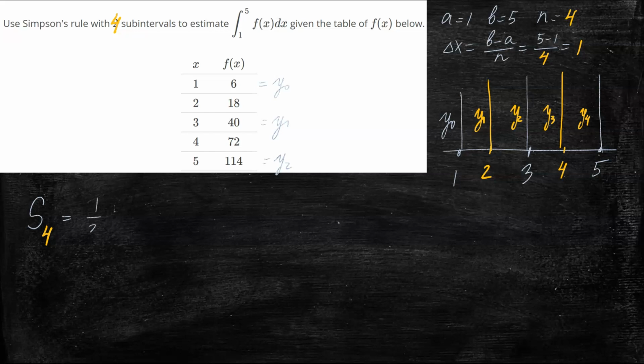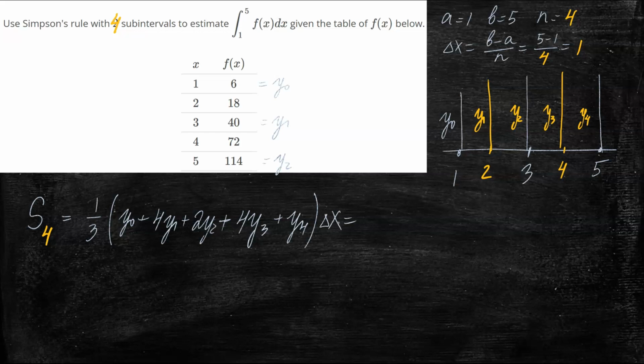It's going to be 1/3, and I'm just going to write it out, y0 plus 4 y1 plus 2 y2. And again, I'm going to alternate between 2 and 4 until I hit the last element, right? So 2y4... I guess that was it, right? So there isn't 2y4. So it's just going to be 1y4. All that times delta x.